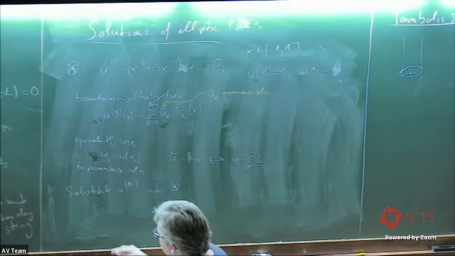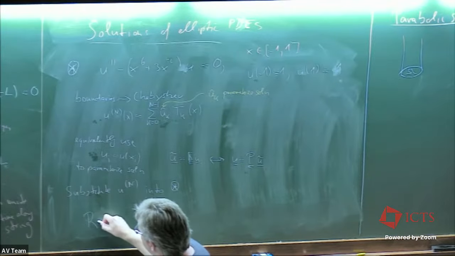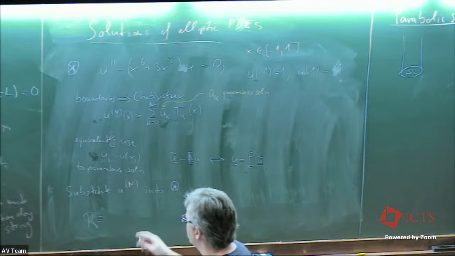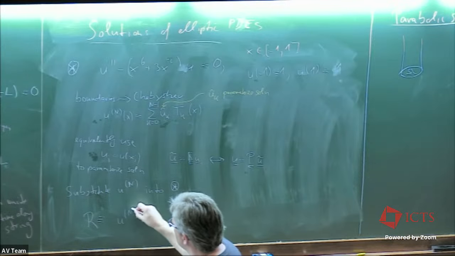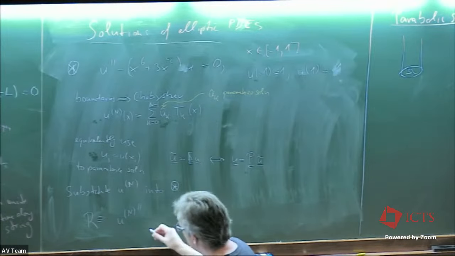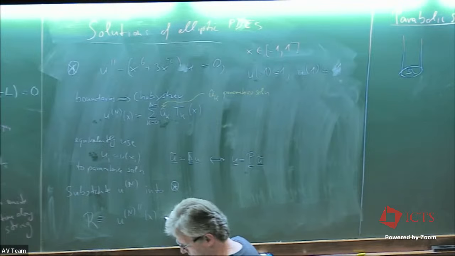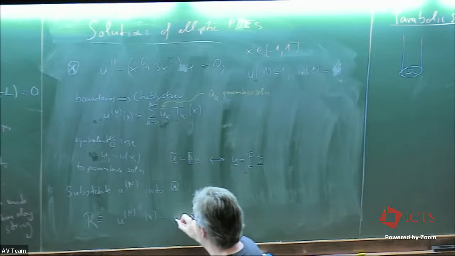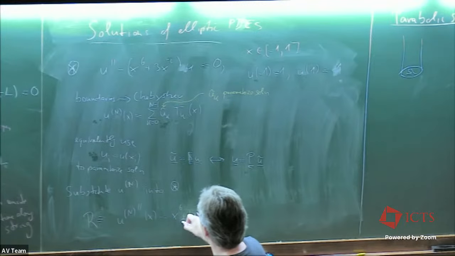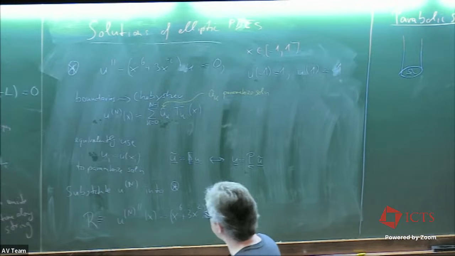And what comes out is the quantity called the residual: u_N double prime of x minus x to the 6 minus 3x squared times u_N of x.